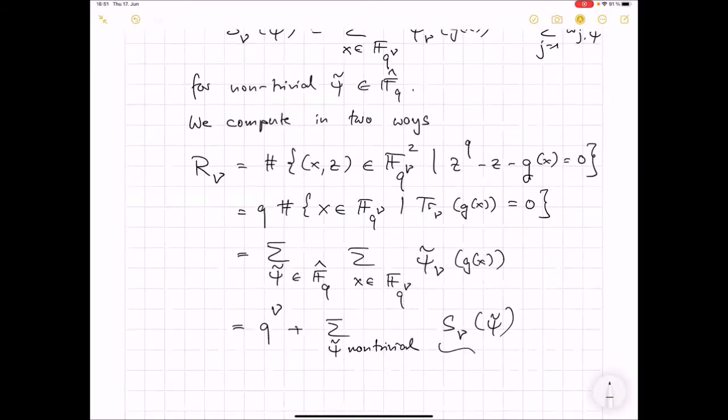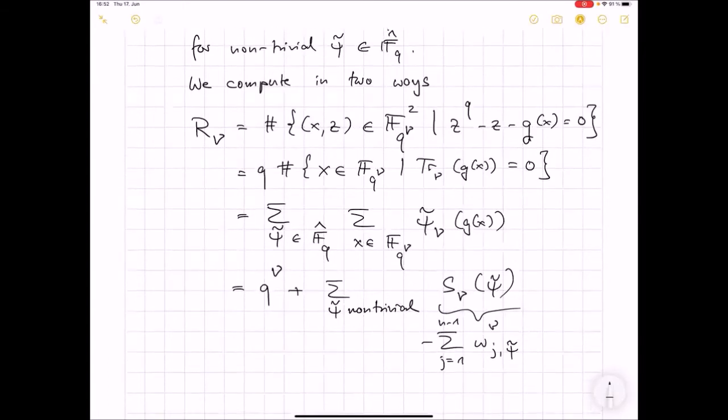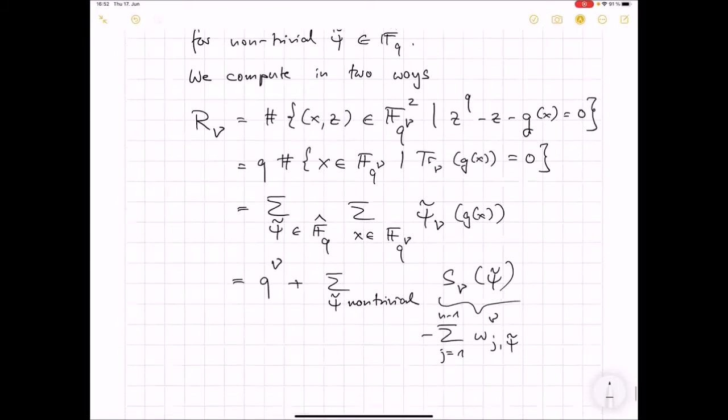Okay, and this again is a sum j from 1 to n minus 1 of omega_j to the nu times psi tilde. And again, as long as I don't know anything about these omegas, it's hopeless, but I do know something because we have a corresponding counting lemma for R_nu.